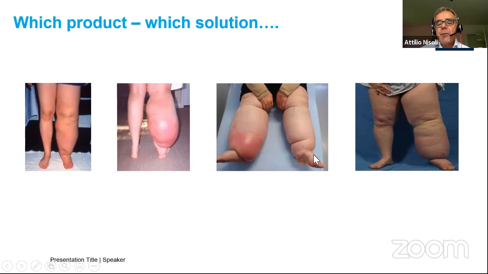Once they have a knitted garment measured to these circumferences, it's useless. After a week, after 2 weeks, when the volume is reduced, they can throw the garments away. They spend a lot of money on these devices and they are useless because they do not fit anymore.